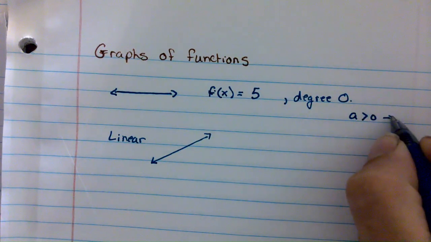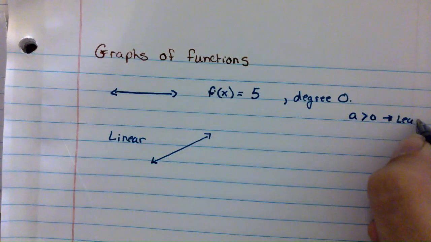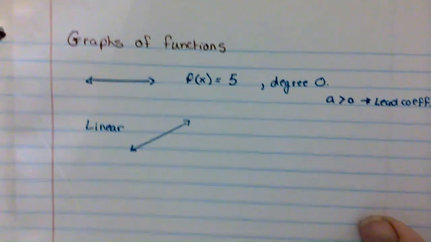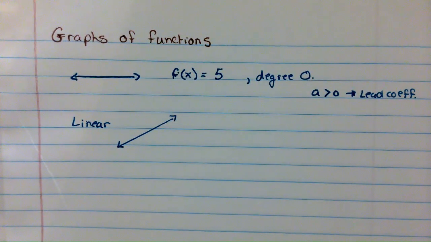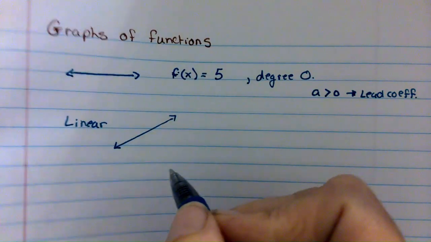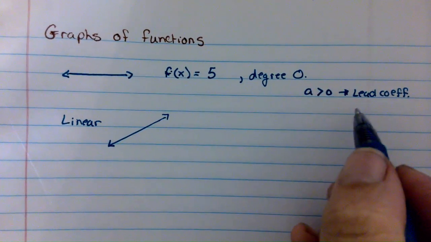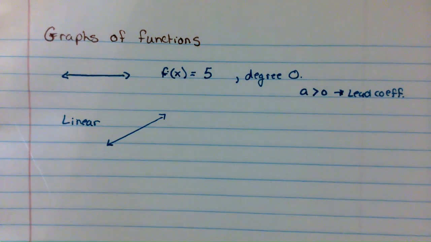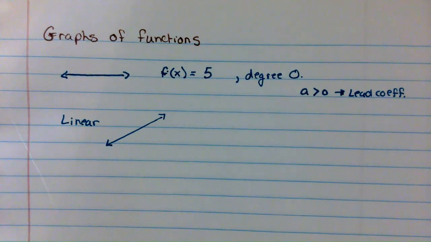A would be our lead coefficient. I'll talk more about what the a value is in a few minutes. But you'll notice that the slope was positive, and that's what I'm saying with the lead coefficient, in this case it would be the slope. Our slope is positive, meaning that the right side is up.